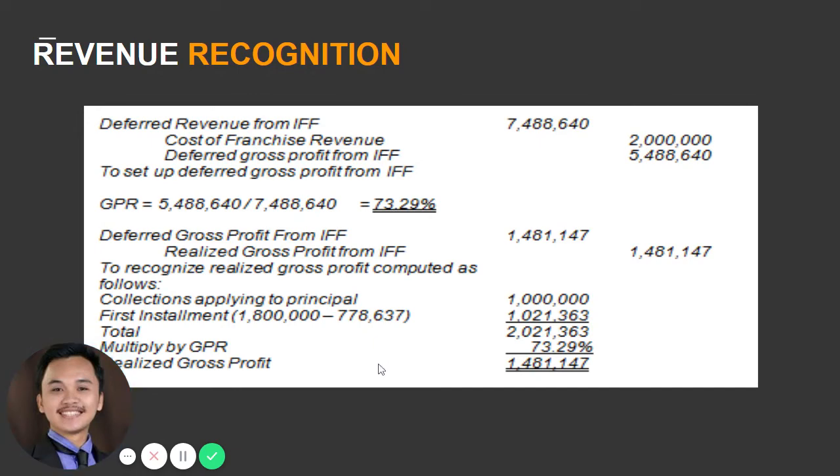Okay? So this time, let us compute for our realized gross profit. We need to compute first the total cash collections applicable to our principal. We have here, obviously, the down payment that is solely applicable to our principal.